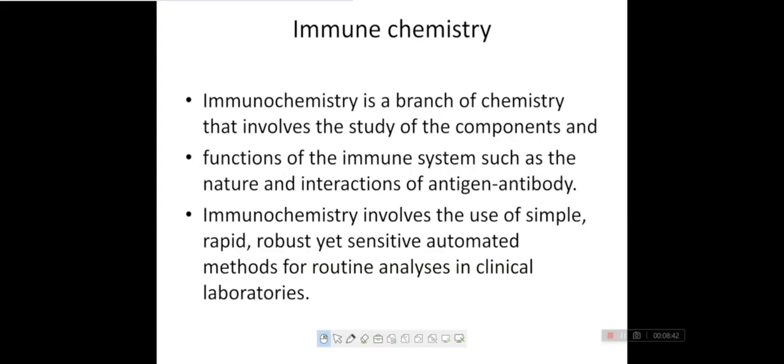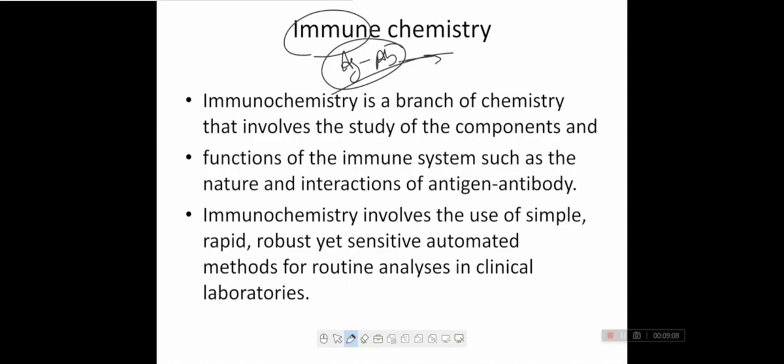So next is immunochemistry. From the name it is clear. Immune means antigen and antibody. Immunity. Right? Reaction of antigen and antibody. So in this technique, we analyze the chemistry of the antigen and antibody reaction.